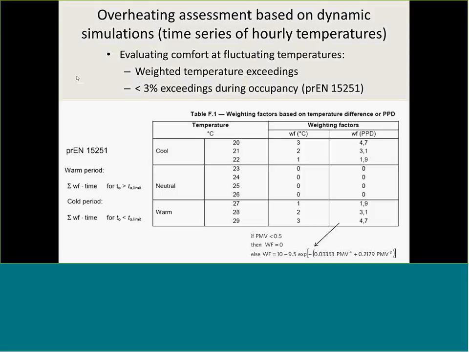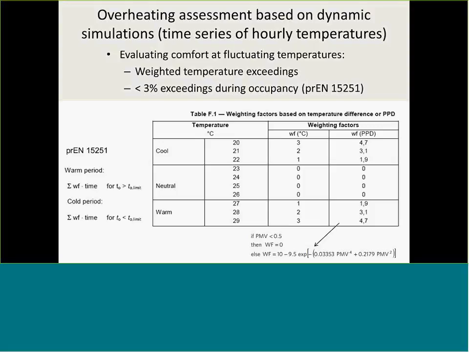And for this purpose, dynamic simulations, where a time series of hourly temperatures is evaluated, is a more appropriate approach for a detailed assessment. So in the following slides, I will use an assessment method based on dynamic simulations to compare the comfort to the overheating indicator.